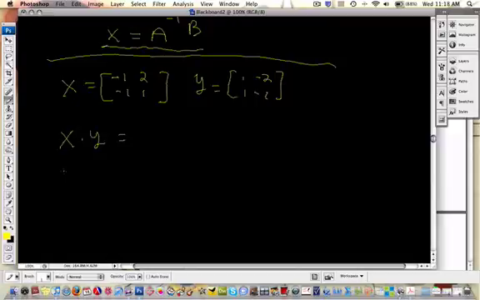But I also want to find Y times X and make sure it's the identity matrix too, because we learned in 8.2 that matrix multiplication is not commutative. So just because X times Y equals identity wouldn't mean Y times X does, and you can check both of these. This is a quick review of matrix multiplication. I'm going to do this quickly since we went over this in 8.2.